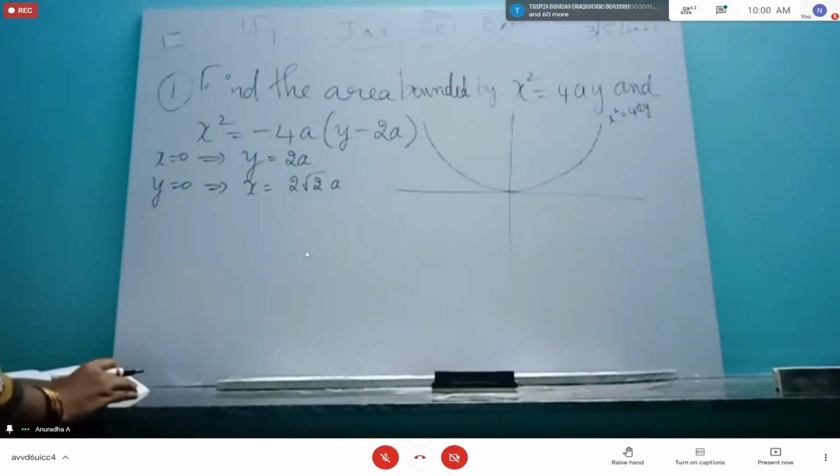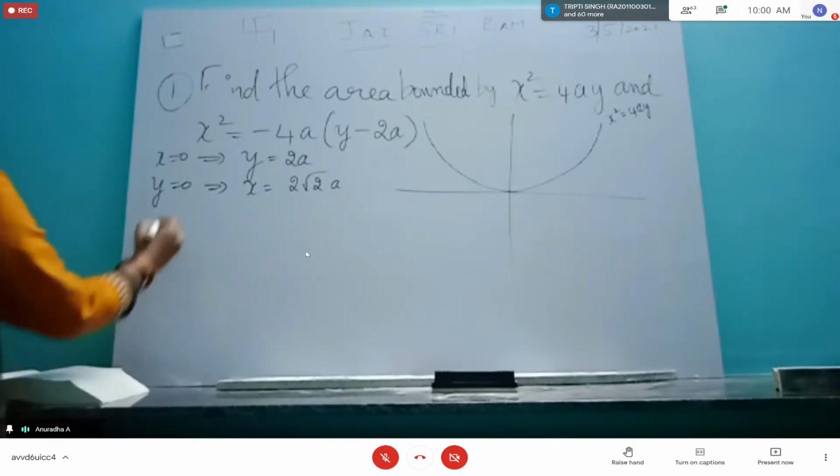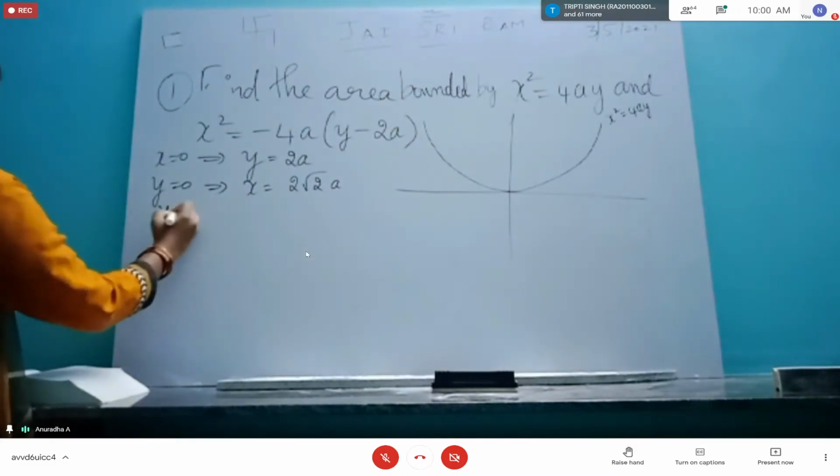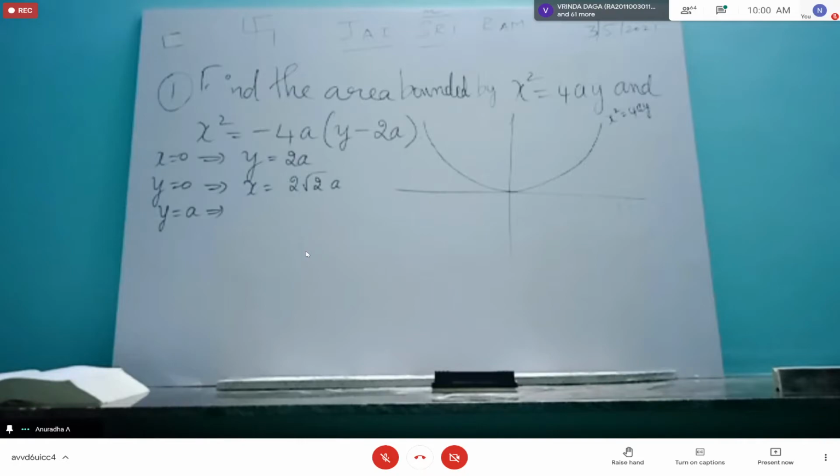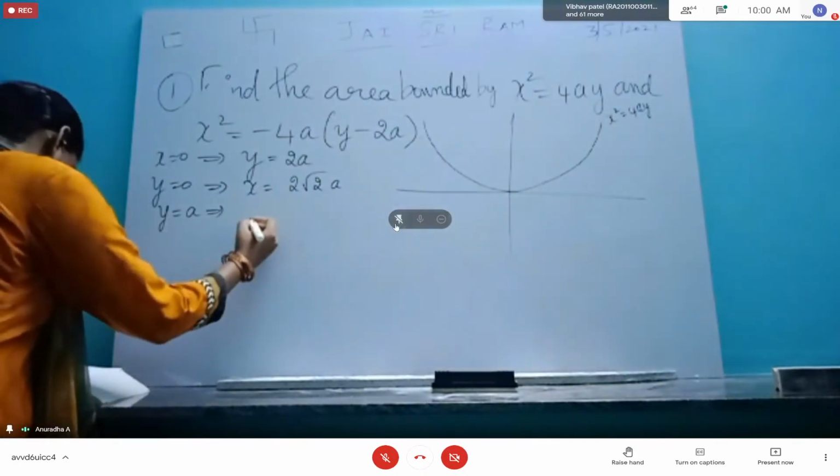Okay, then we have a in common. So we will see what is happening when y equal to a, or when x equal to a. Yeah, I think they have made a mistake somewhere here.